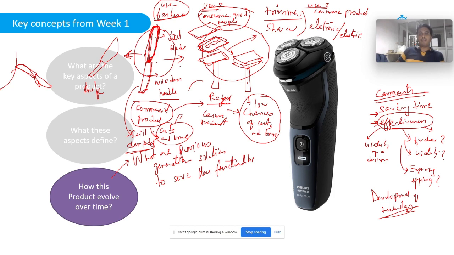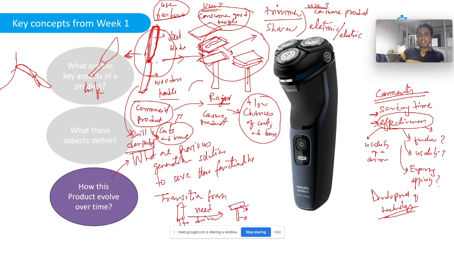I will call the transition from the blade to this razor need driven. Because technologically, someone says development of technology, but at this stage you have all the same materials: a steel blade here also, steel blade here also, and a handle here also.